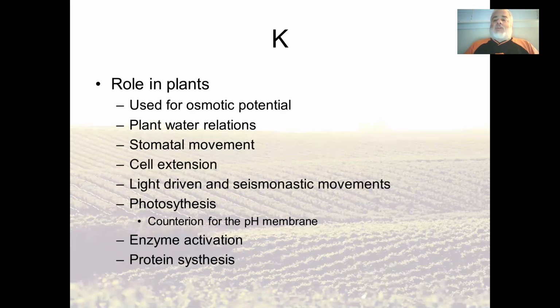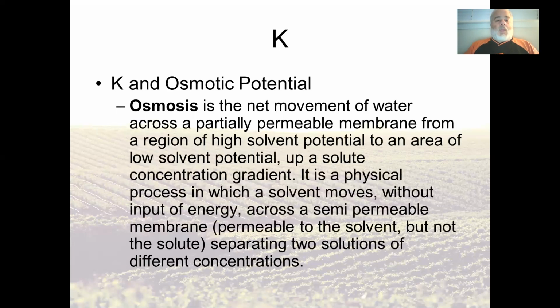Everything needs proper salt balance in the cytoplasm or the cell doesn't function effectively. Now, osmosis is the net movement of water across a semi or partially permeable membrane from a region of high solute potential or high solute concentration to an area of low solute potential or low solute concentration.